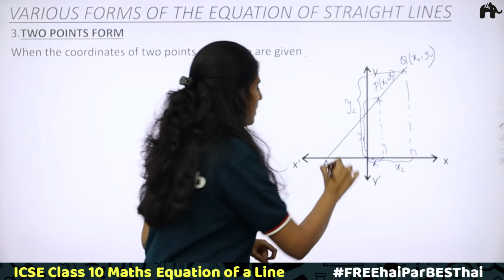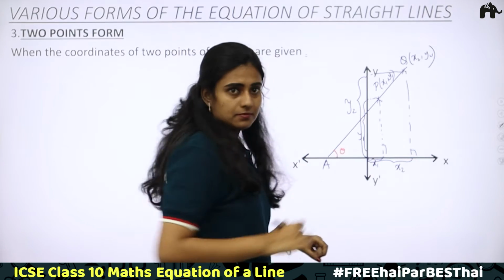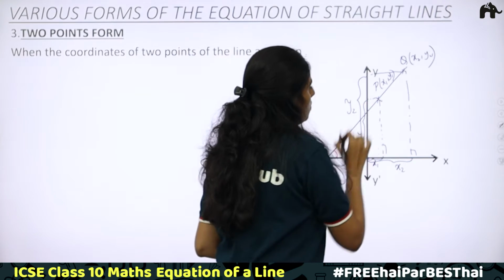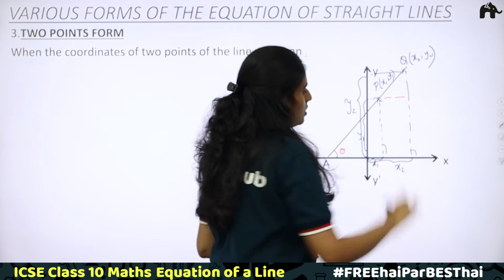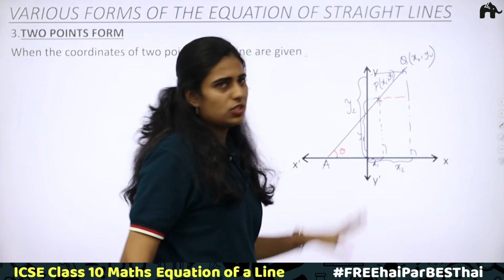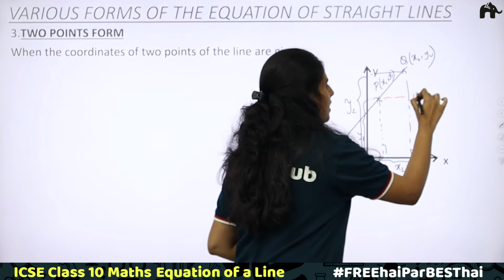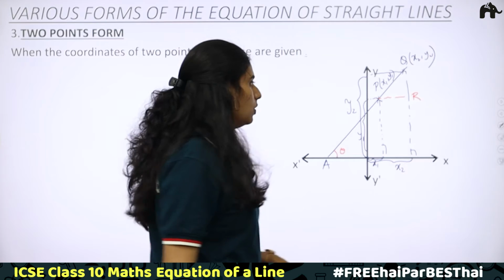We will have an inclination angle theta. Now from point P, I will draw a line parallel to the x-axis, as usual, and this is R.